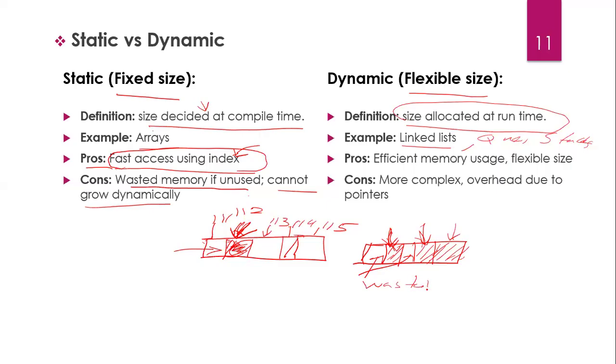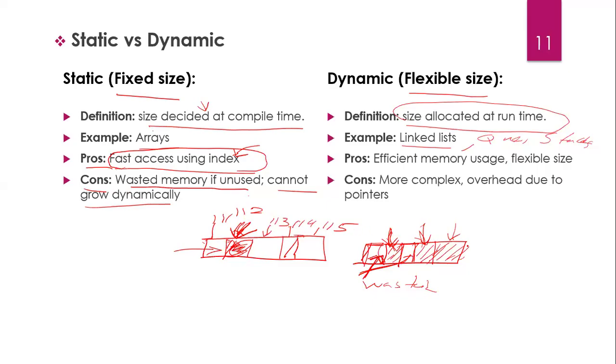Do you understand it? I have already allocated a place to this locker, so if we do not use this allocated area, then it is wasted. That is one of the big cons of static data structures.